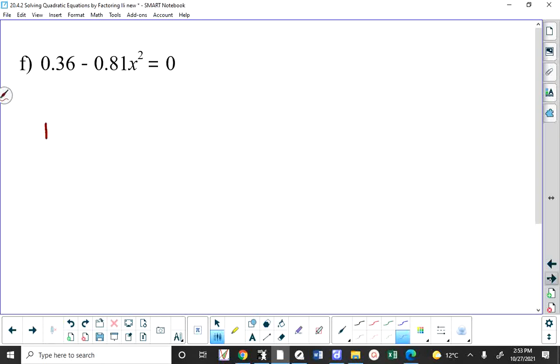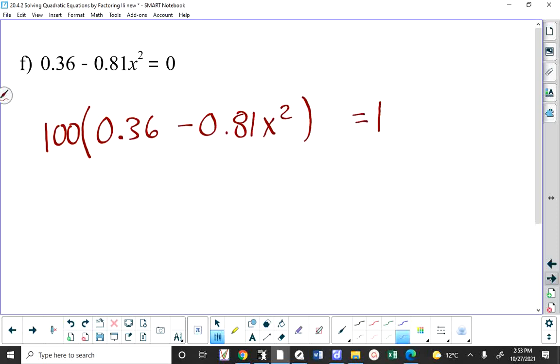So I'm going to have to multiply by 100. And I have to multiply the other side by 100 as well. I know that you know it's still going to be equal to 0, but you should write it down. I'm multiplying by 100 because I have two decimal places that I've got to clear.